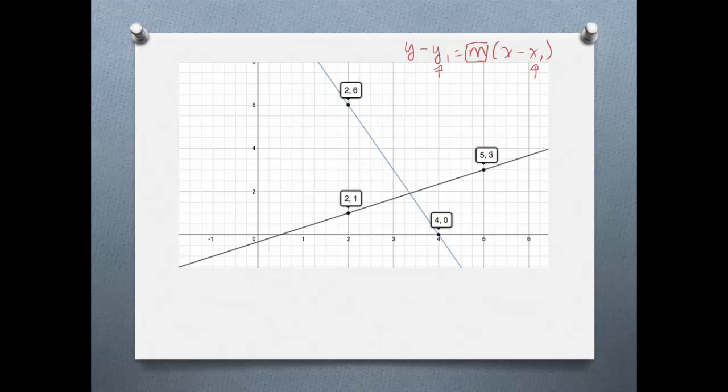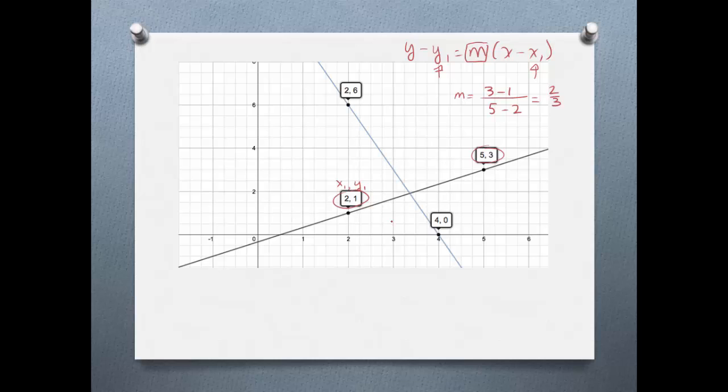For this particular line, I've got the points 5, 3, and 2, 1. So m is going to be 3 minus 1, that's the change in the y values, divided by 5 minus 2, that's the change in the x values, so that's 2/3. Now I can take that as well as any point, and I can choose either one of these points to be x1, y1. For the sake of discussion, I'll make the first one, 2, 1, be that point.